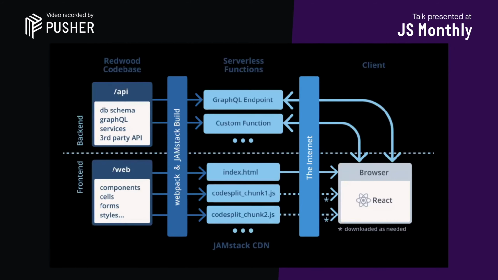This is the big picture view of what Redwood is. The really important stuff is on the left where it says Redwood Codebase, and you have a front end and a back end. So your project is what you call a monorepo with 2 main folders in it, a web folder and an API folder.